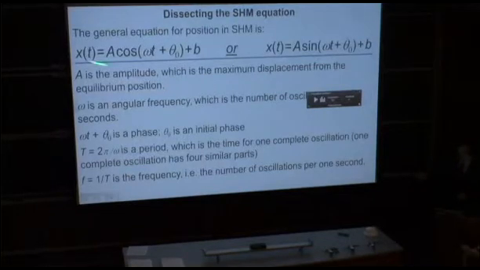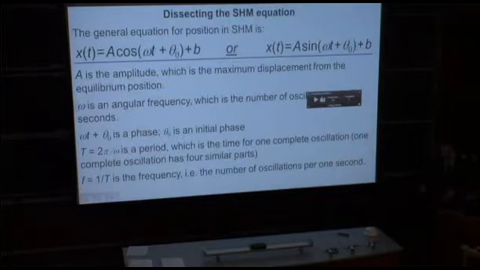So the equation I had written looks like this, but as I just mentioned, mathematically it doesn't matter if we use a cosine function or a sine function. We'll learn soon that for some specific situations, using cosine is just easier. For other specific situations, using sine is just easier.